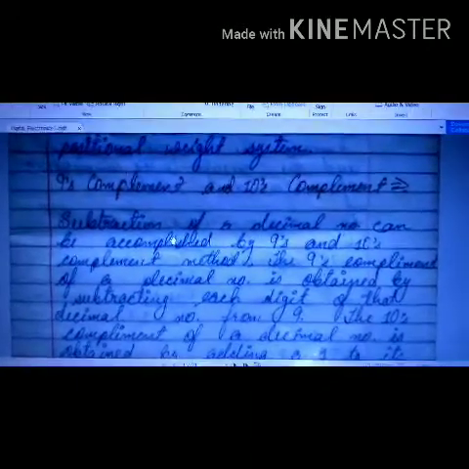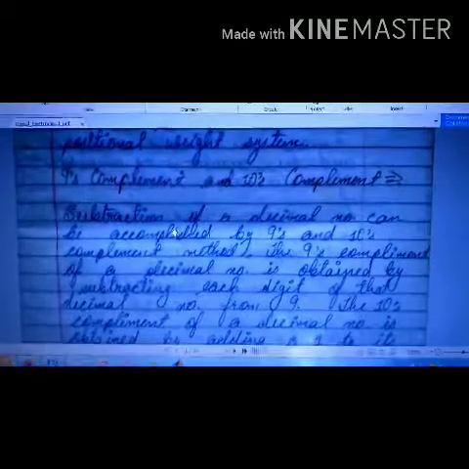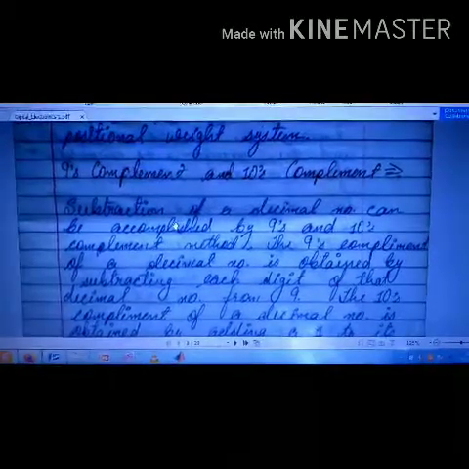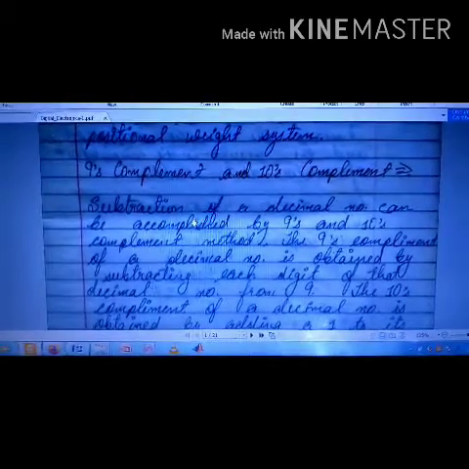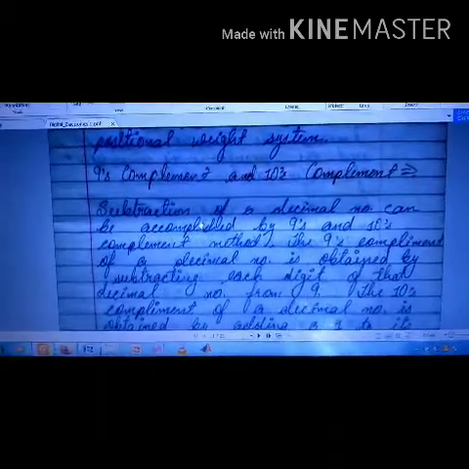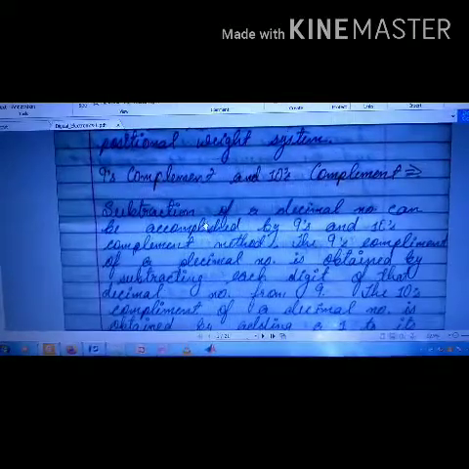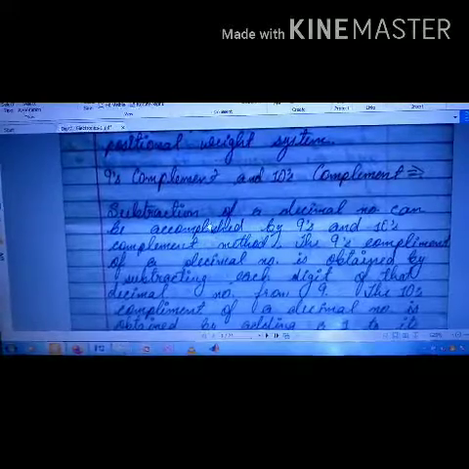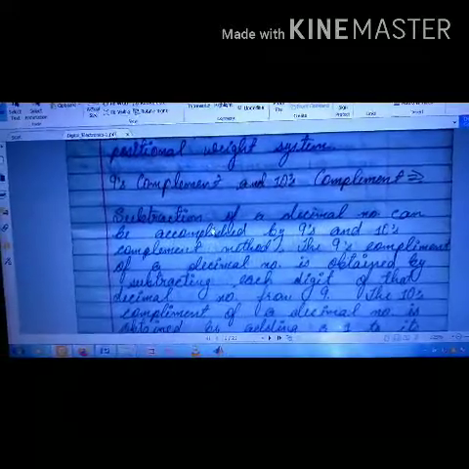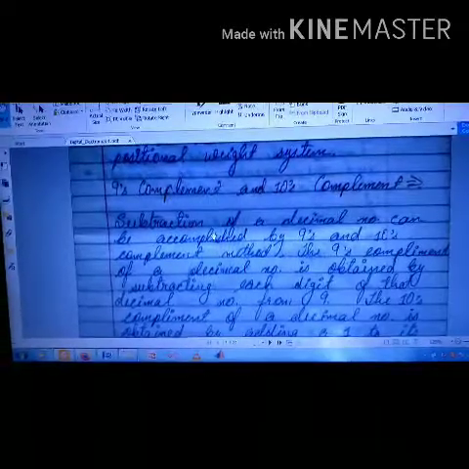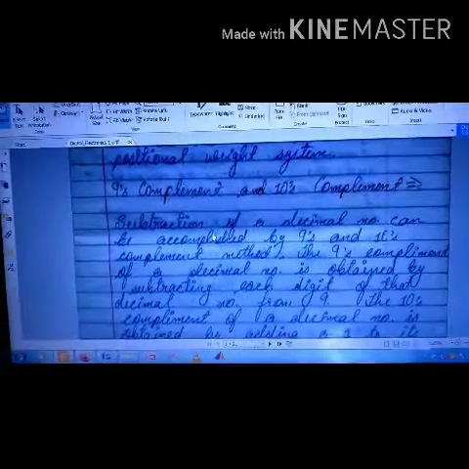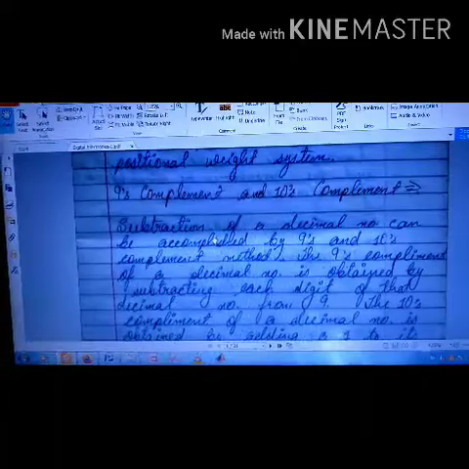If I have a number, suppose 1111, and I want its 9's complement, I subtract it from 9999, since it is a 4 digit number. When I do 9999 minus 1111, I get 8888. So the 9's complement of 1111 is 8888.